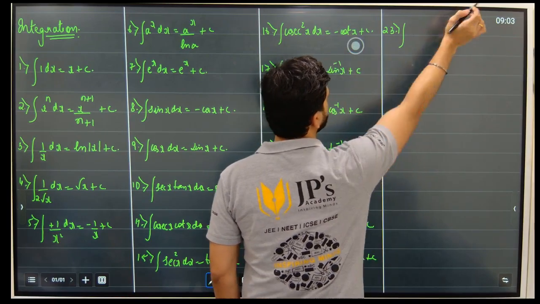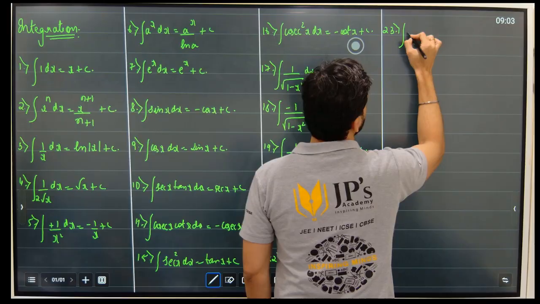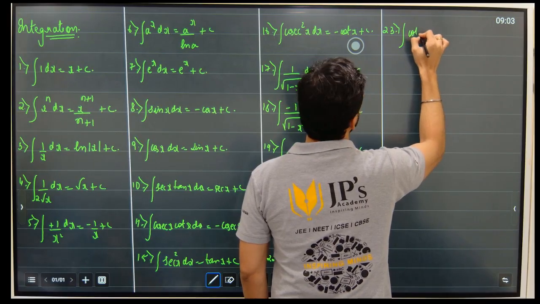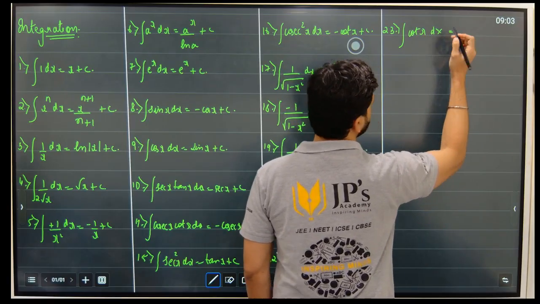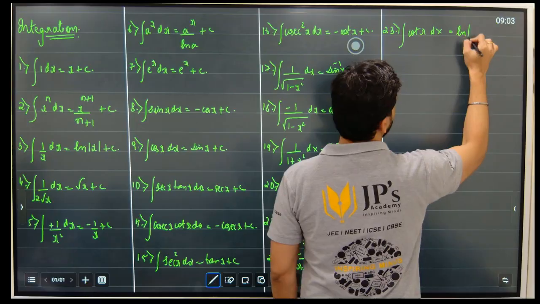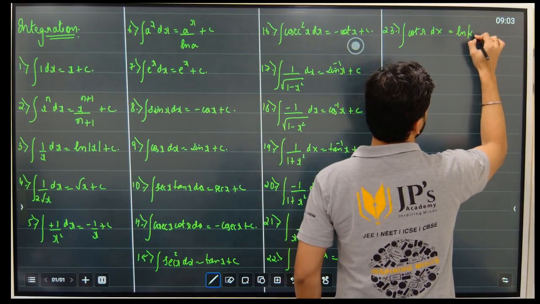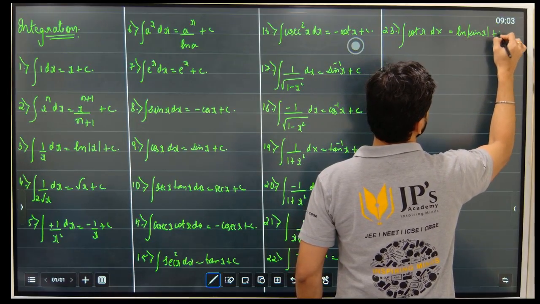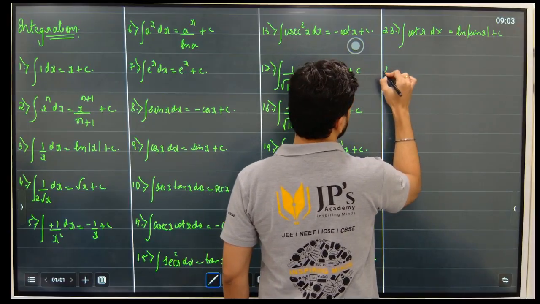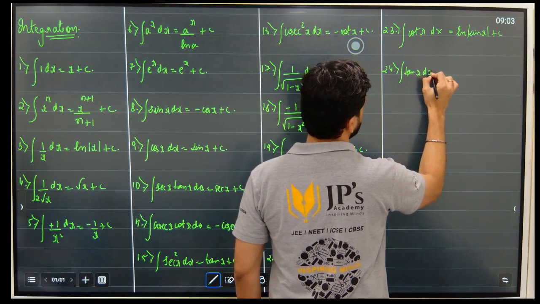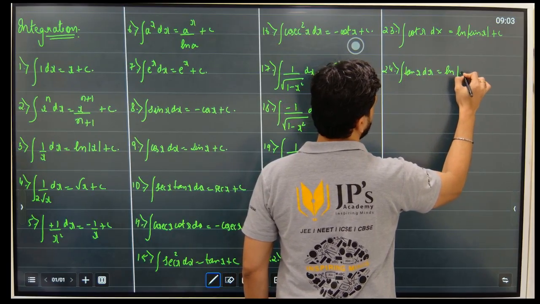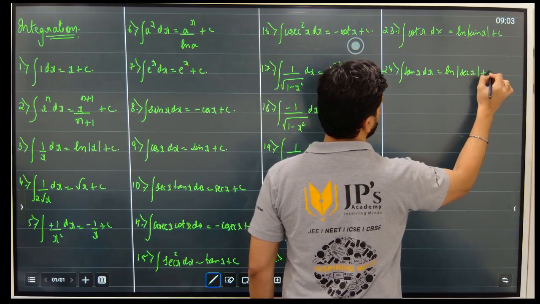Integration cot x dx is equal to ln mod of sin x plus c. 24. Integration tan x dx is equal to ln mod sec x plus c.